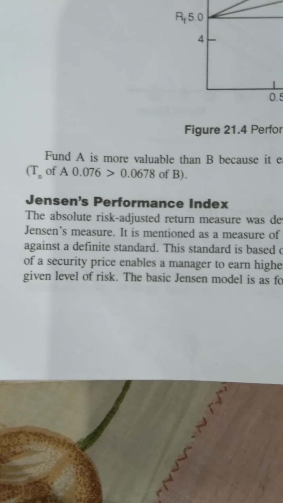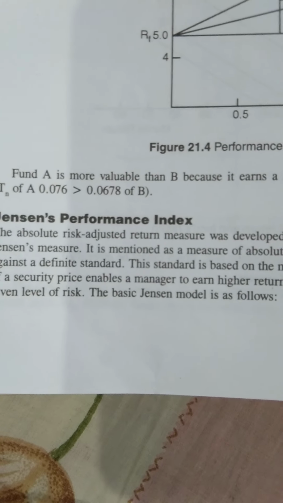Next is the Jensen performance index. The formula is like that. Rp minus alpha plus beta into Rm minus Rf. What is Rp? Rp is the average return from the portfolio.